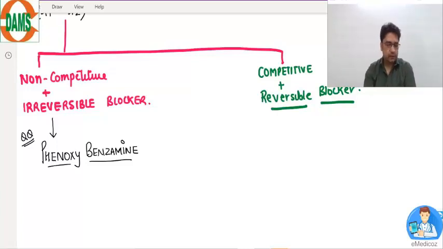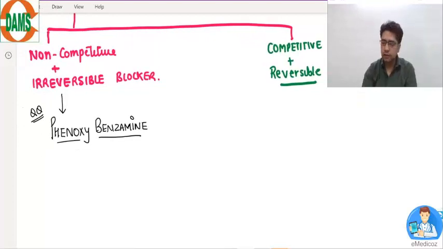Okay. Now, let's talk about this phenoxybenzamine. This phenoxybenzamine is given as an IV drug.